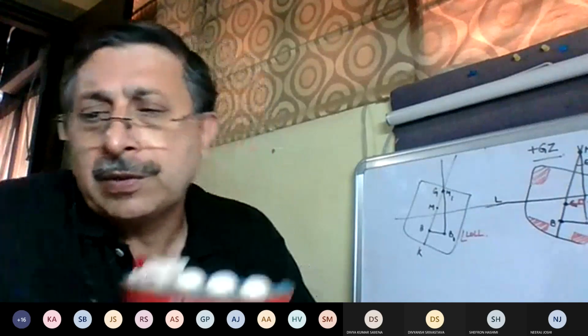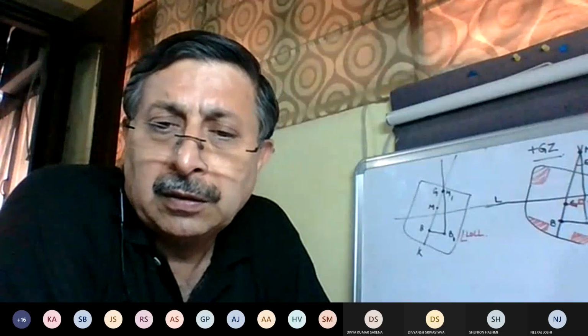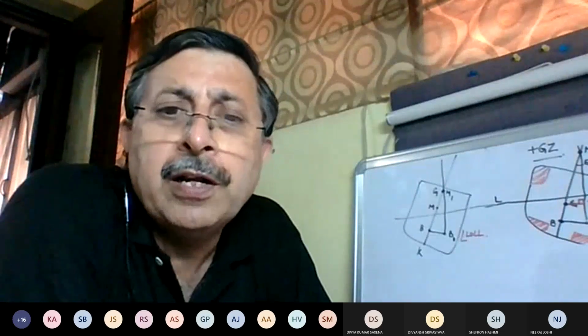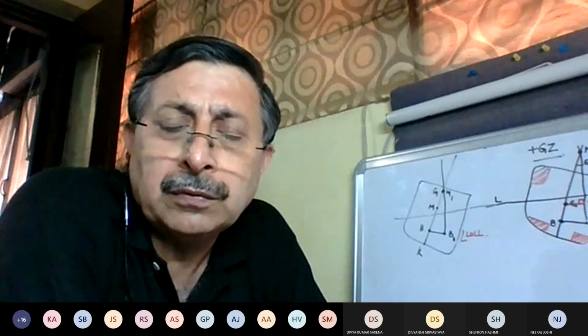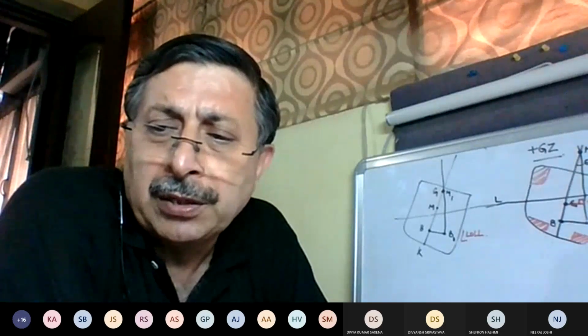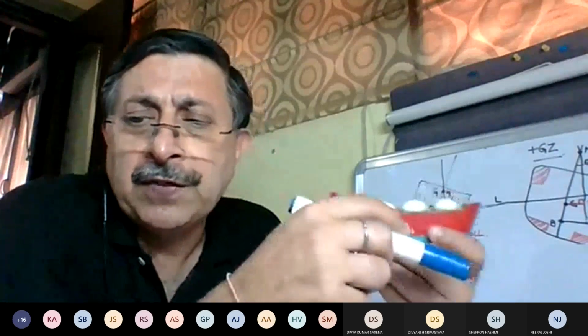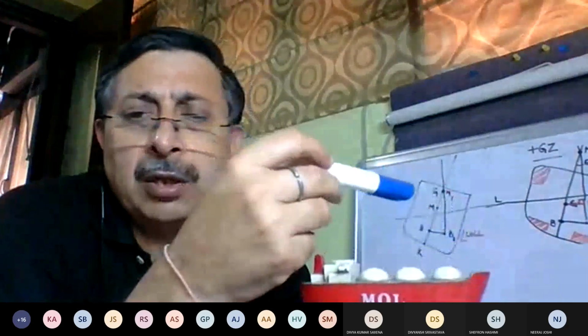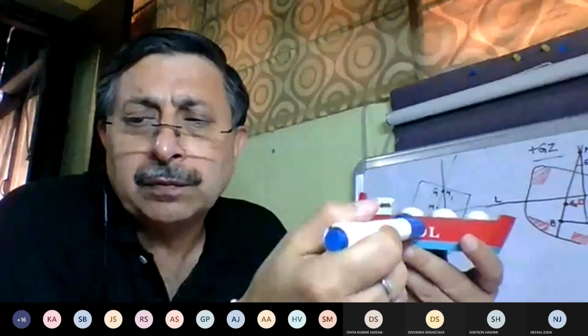So containers, you can have what is called as FCL, full container load, right? Or you can have LCL, less container load. That means partial containers loaded. Or you can have empties. So supposing I have FCLs, full container load, which is carried on the top deck, and I have empties down below.